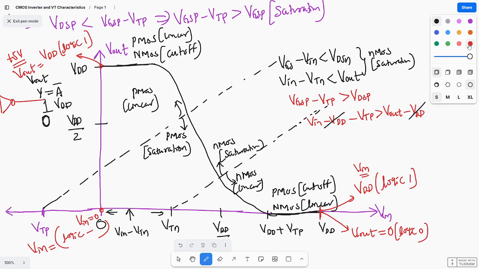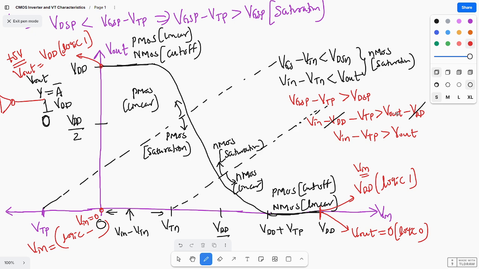VDD minus VDD gets cancelled. So you get V in minus VTP is greater than V out.